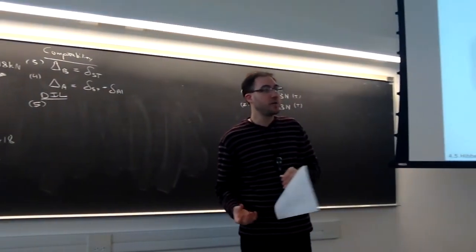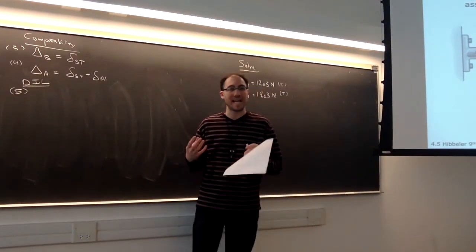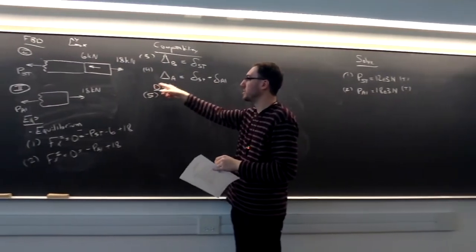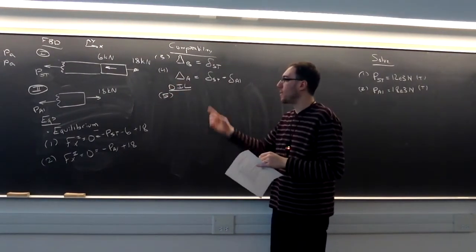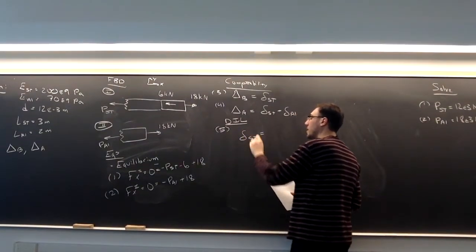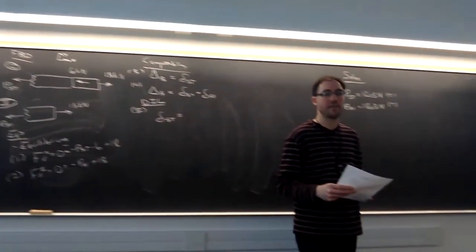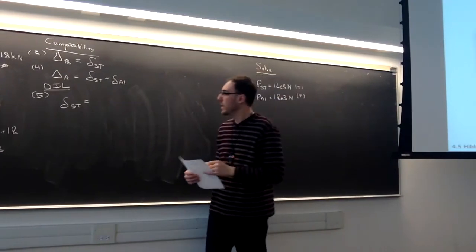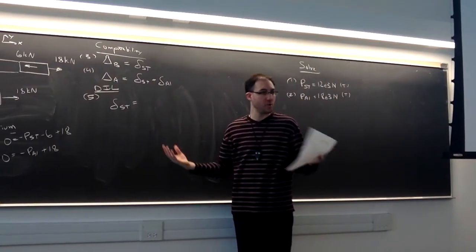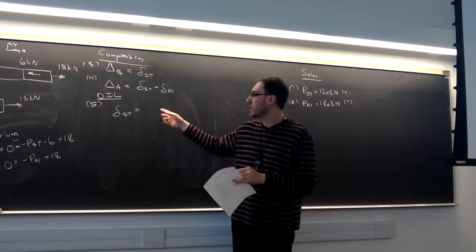For each section, we now want to compute how much does that section elongate. This is where we relate the deformations to the internal loads. We have 2 sections. One of them is, we can compute the deformation of the steel. In this step, if we had a thermal factor here, if the temperature were being raised or lowered, we would include it here.